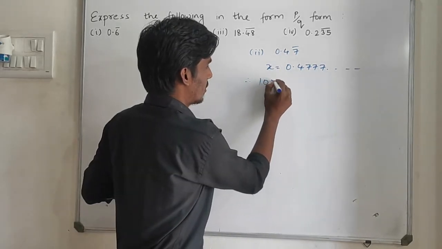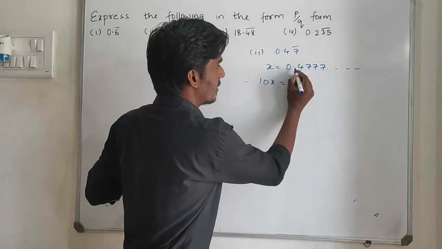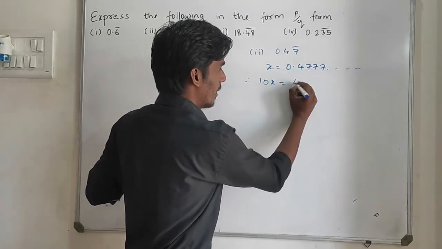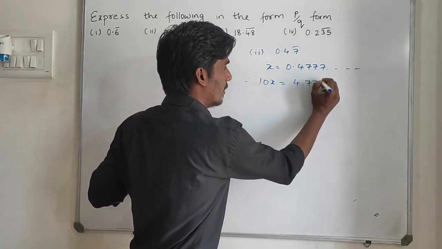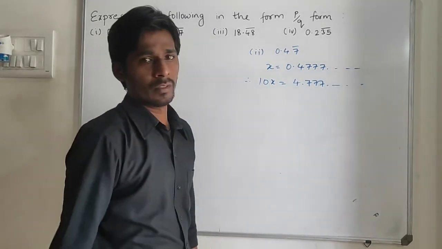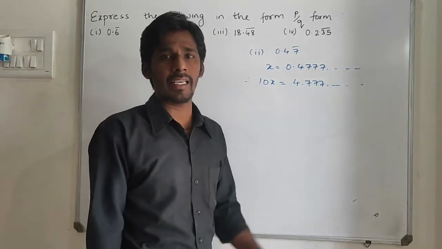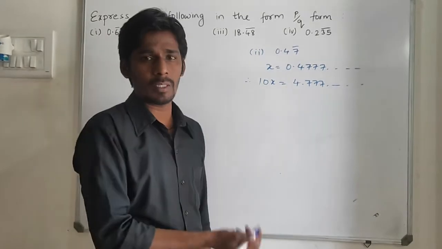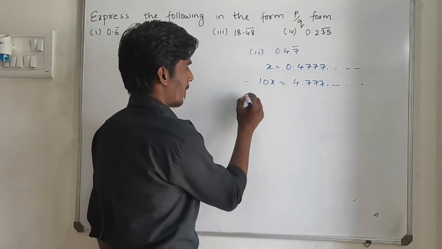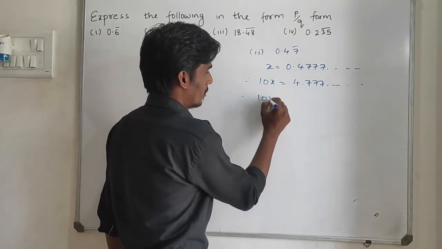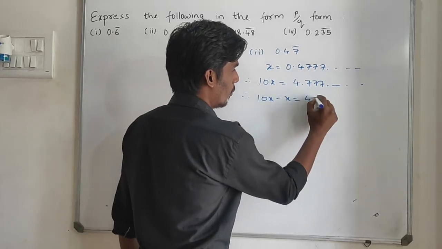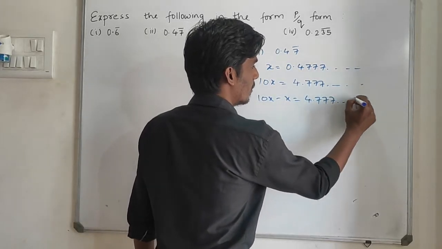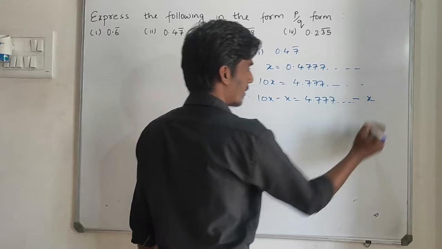So 10x: if I multiply by 10 here, the decimal will move to the right-hand side, and this number becomes 4.7777. Now the next thing: always subtract x, in each and every sum. 10x minus x equals 4.777 minus x.